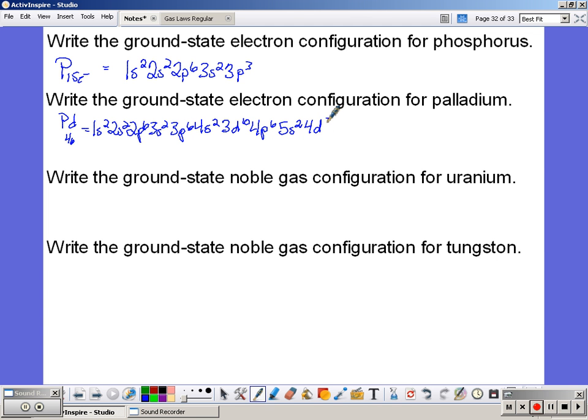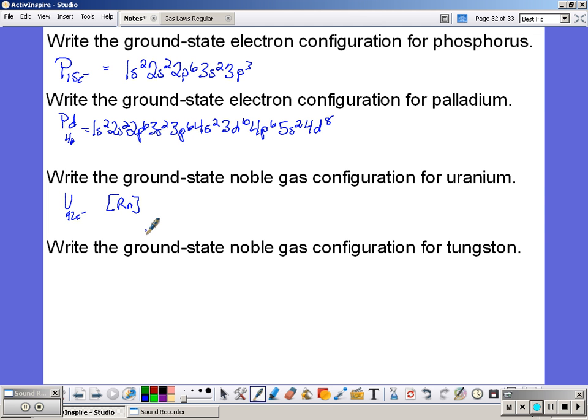Alright, so now we're going to write the noble gas configuration for uranium. Uranium is number 92 on the periodic table. The noble gas that would come before 92 would be Rn, because that one is 86. Remember, noble gases are group 18. Uranium would be in row 7 if it was placed back into the periodic table.